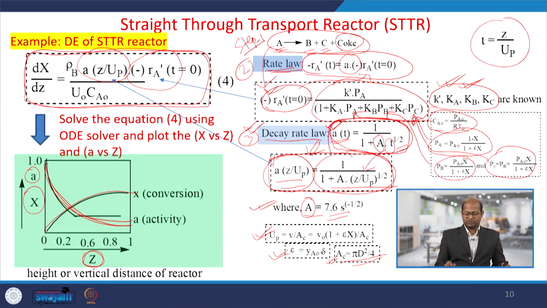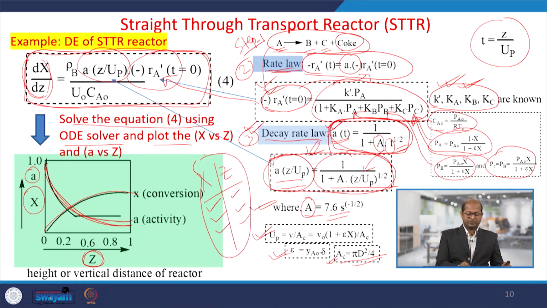So we can substitute this and the rate equation here, and after that the differential form dx by dz comes out. That we can solve using an ordinary differential equation solver. Then we get the corresponding conversion along z, the reactor length.